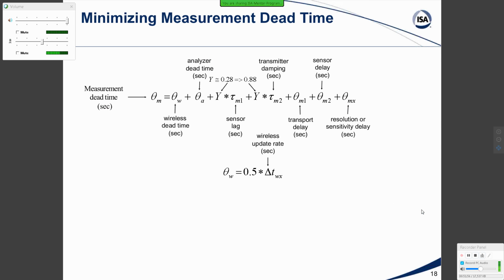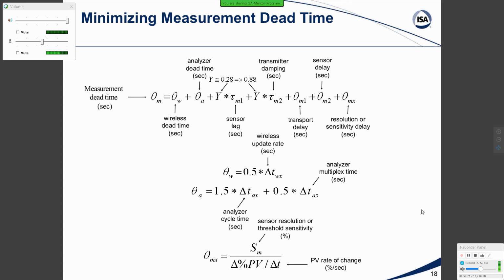Now, for wireless transmitters, the dead time introduces about 1/2 of the update time. For analyzers, since the result is at the end of the analysis cycle, it's 1.5 times the cycle time. And then you may have a multiplexer, so you have to add in another 1/2 the multiplex time. So you can see that can be quite large.